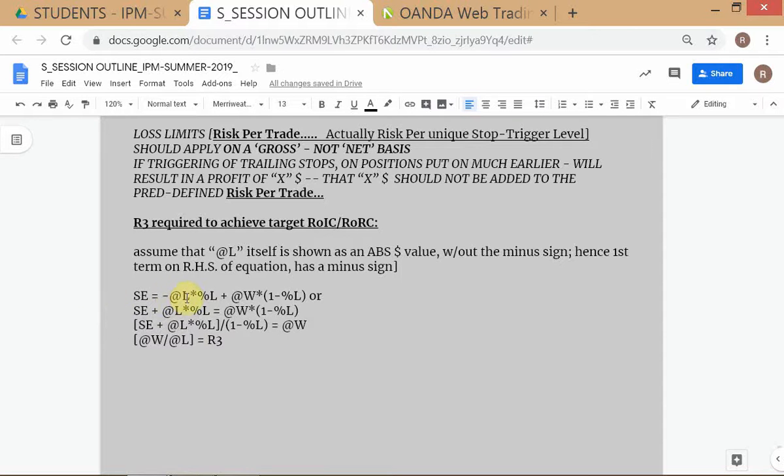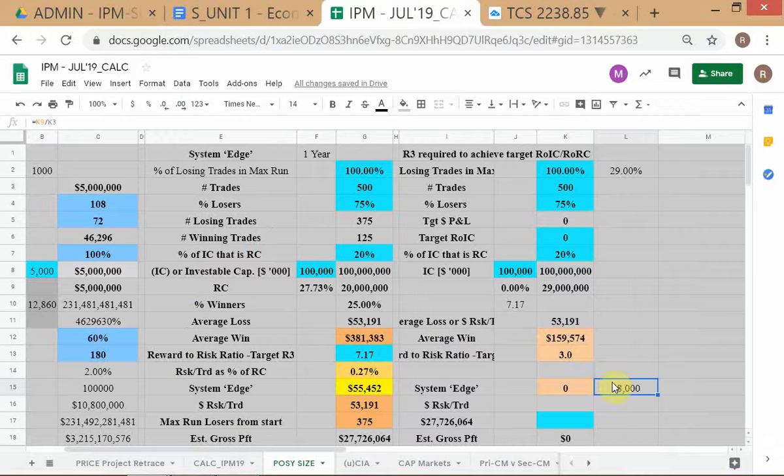So what is system edge? System edge is equal to minus average loss into percentage loss plus this, 1 minus this. Or we can rewrite this, because what we don't know here: we know that system edge must be equal to 58,000. We know the percentage losers, we know the percentage winners, 25%, somewhere here.